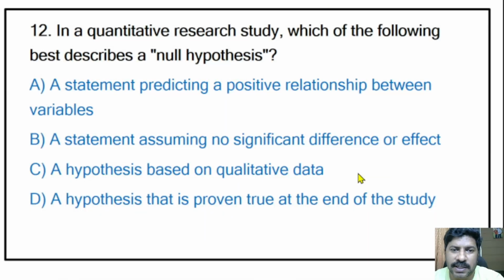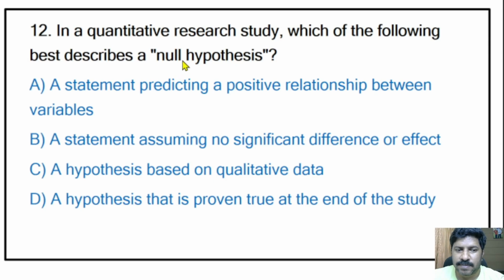And in a quantitative research study, which of the following best describes a null hypothesis? A statement predicting a positive relationship between variables. A statement assuming no significant difference or effect. A hypothesis based on qualitative data. A hypothesis that is proven true at the end of the study.